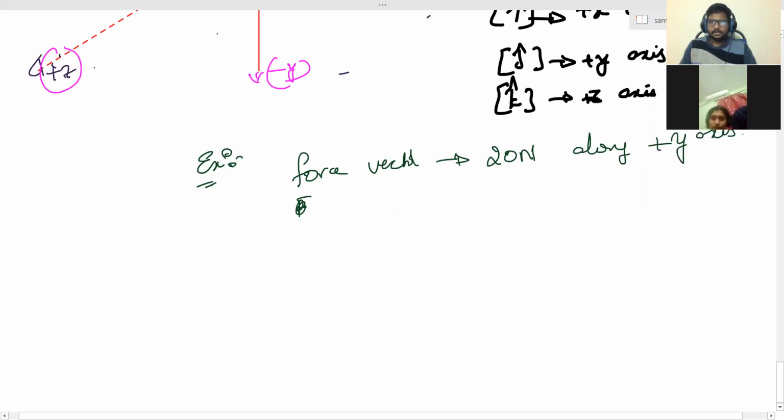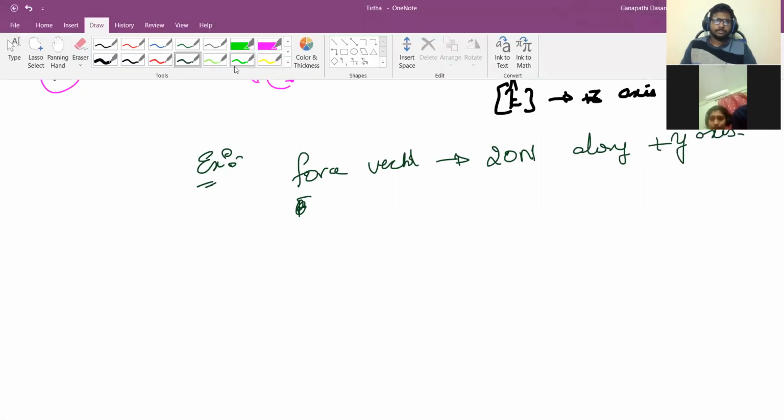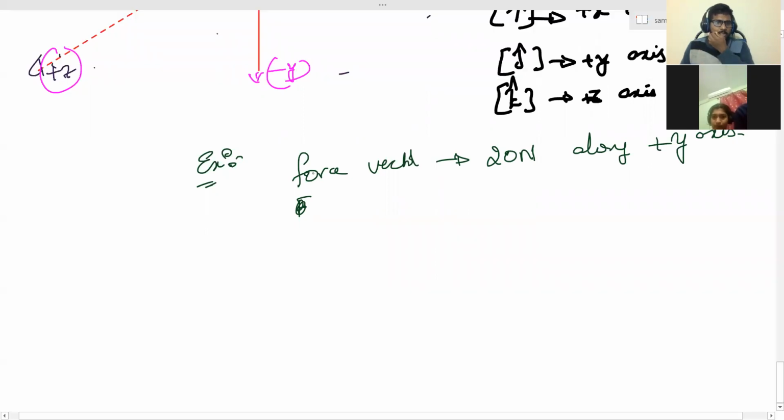What is this? Force vector is there, which is having how much magnitude? 20 newtons. Which direction? Plus y. Positive y-axis. That means how I will describe is F vector.